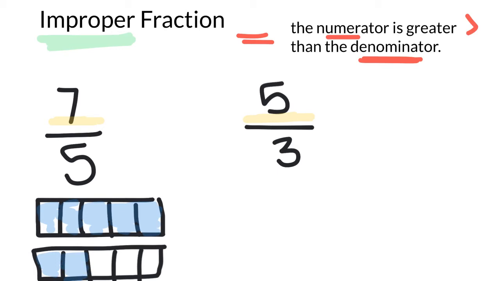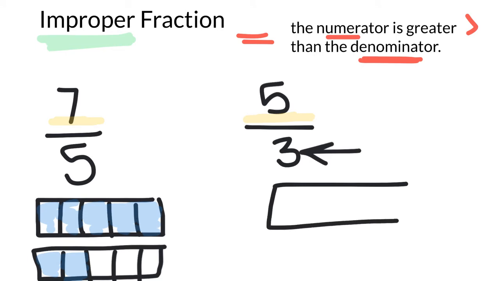Let's go over to 5/3 and do the same thing. So I need to draw thirds because that's what my bar is separated into. That's what my denominator tells me. So I can start with 1 bar divided into thirds. And now I need to color in 5 of my thirds.